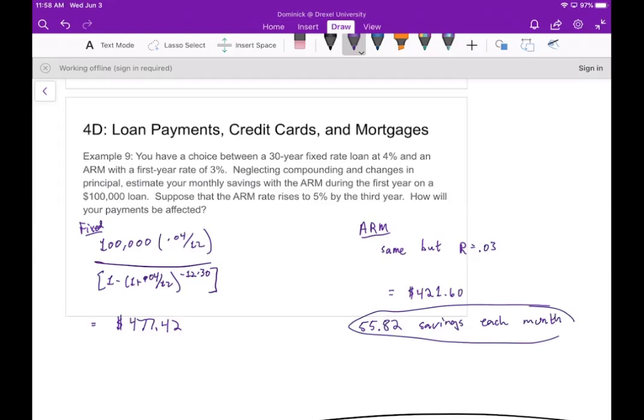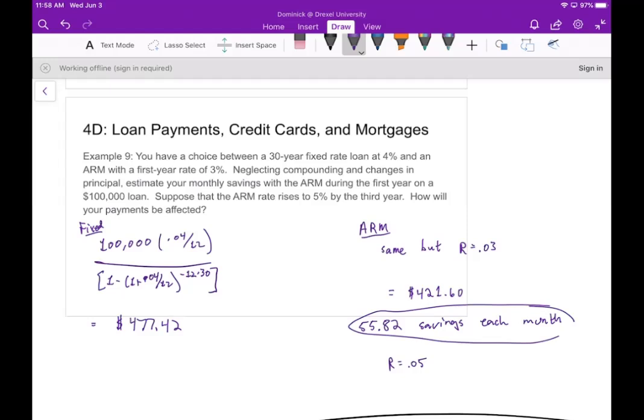Now, if the adjustable rate mortgage then rises to 5%, if you were to compute it for 5%, in the third year we would actually need to change our years to now 27, and technically with whatever's left, but just for simplicity's sake, I'm going to assume that it's still 30.